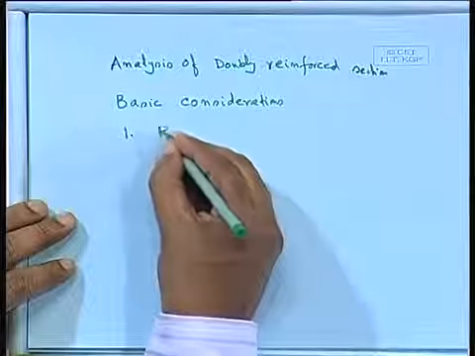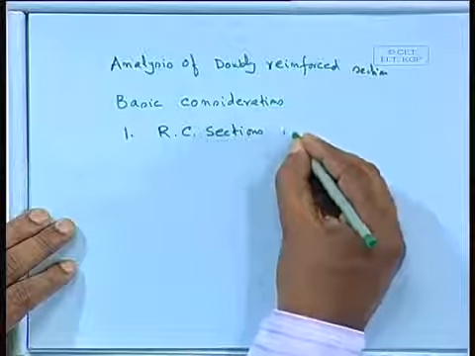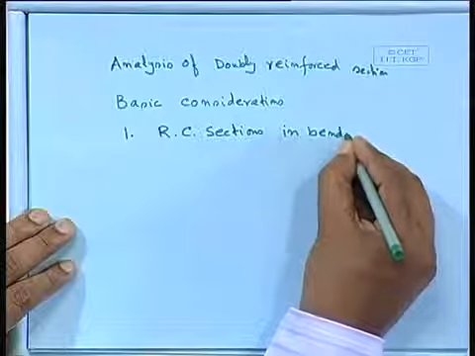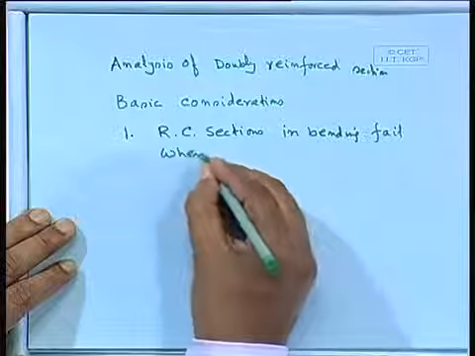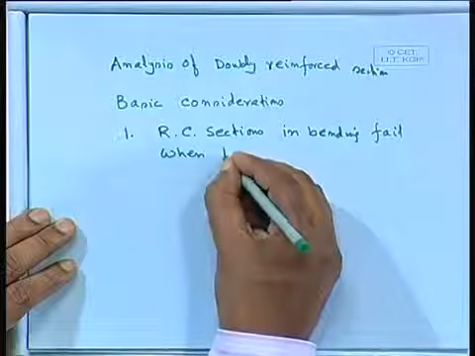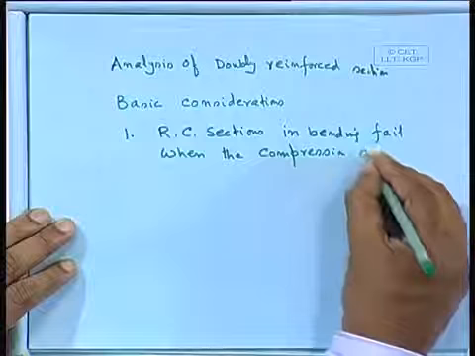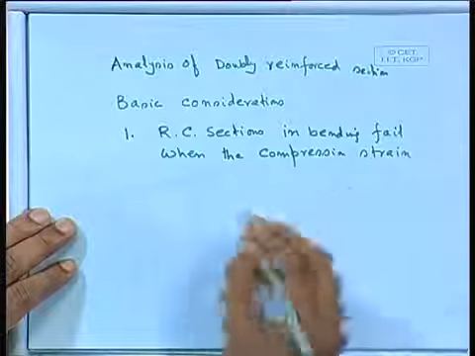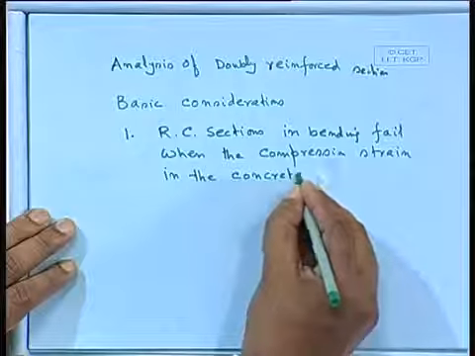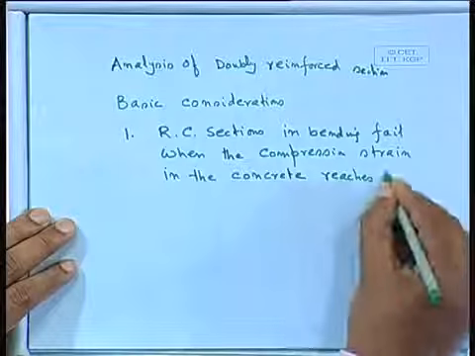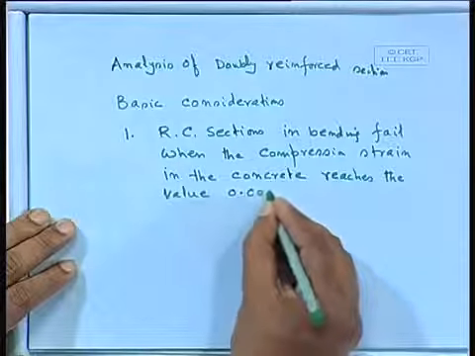Number 1, RC sections in bending fail when the compression strain in the concrete reaches the value 0.0035.